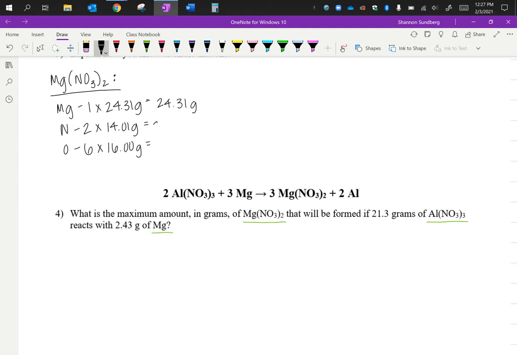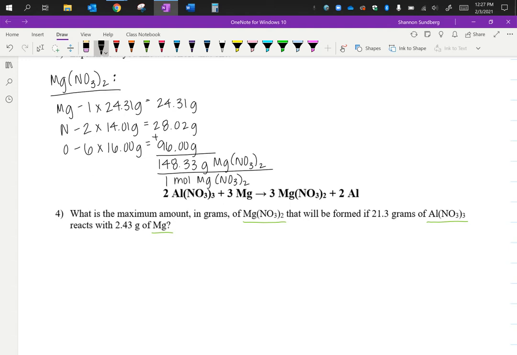This one is 28.02. This one is 96. And then add it up. And you should get that the molar mass of this substance is 148.33 grams Mg(NO3)2, and that is equal to 1 mole of Mg(NO3)2.